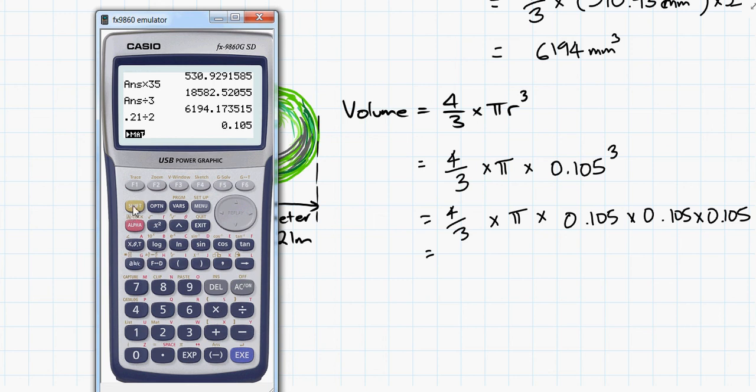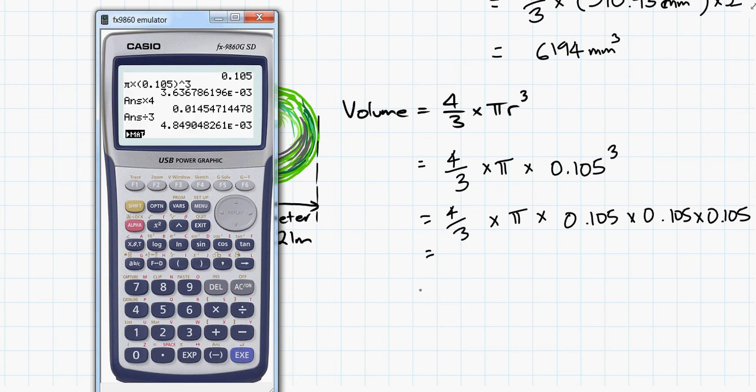So if I do pi times, in brackets I'm going to put 0.105, close my brackets, then press that button there, to the power of 3. Okay, so I get that answer there. And then I need to multiply that by 4/3. So the way you could do that is just multiply it by 4 and then divide by 3.